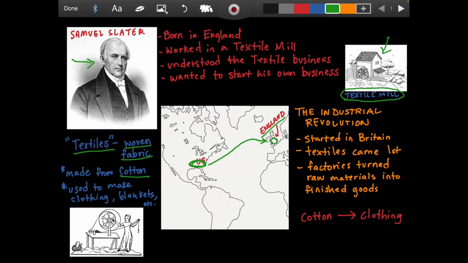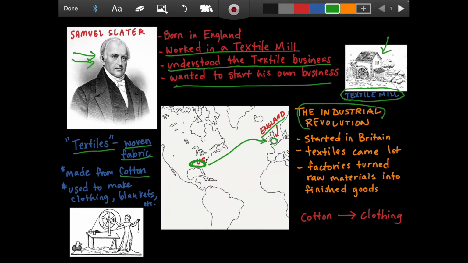And then they would take that thread and weave it into fabric. And that's what Samuel Slater did when he lived in England. He worked in a textile mill, and he went on to really understand the textile business. He understood all the different aspects of the business, and eventually he wanted to start his own business.